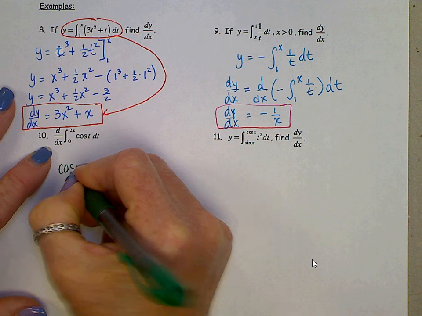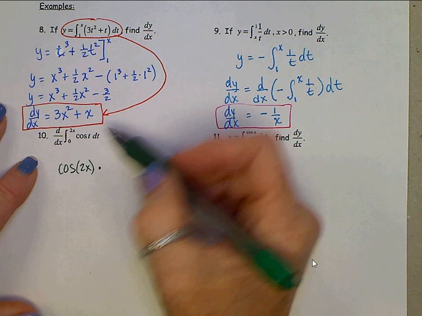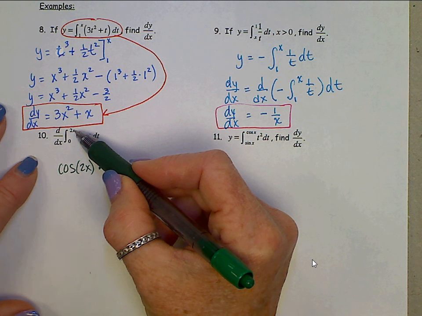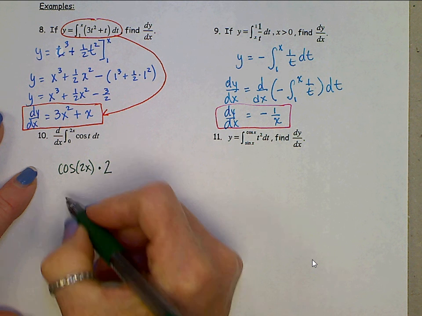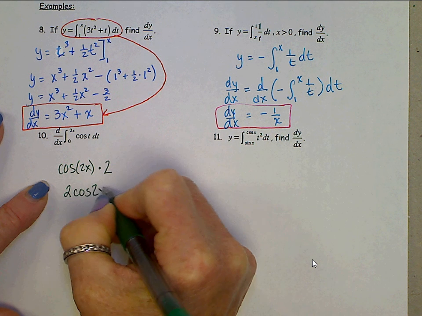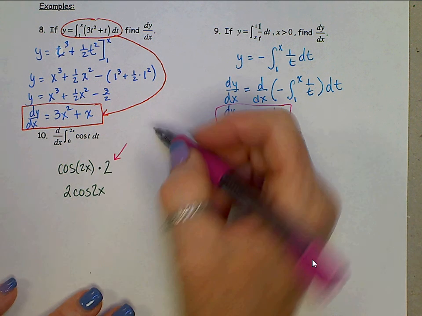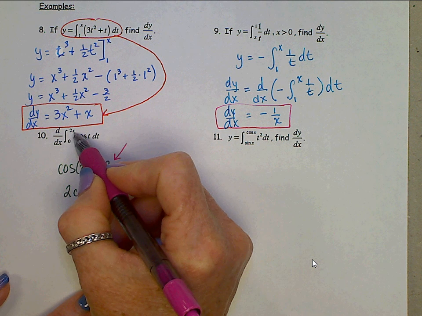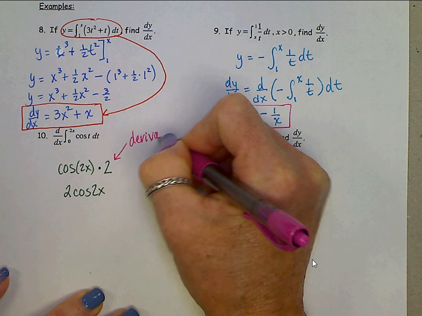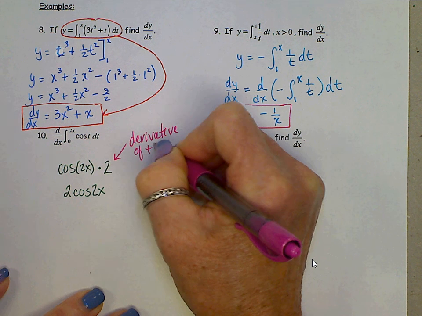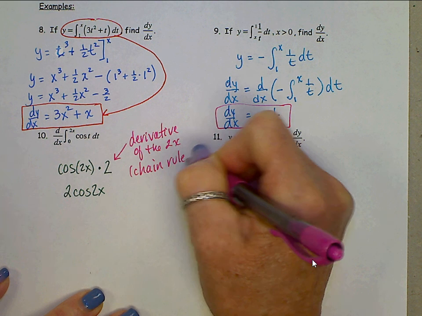So that's going to be cosine of 2x. However, because that 2x was here, we're going to need to multiply times the derivative of that 2x. So times a 2. We have 2 cosine 2x. And again, we have a little bit of chain rule going on here. This 2x is in place of an x, so we have to multiply times its derivative. It's a chain rule going on.